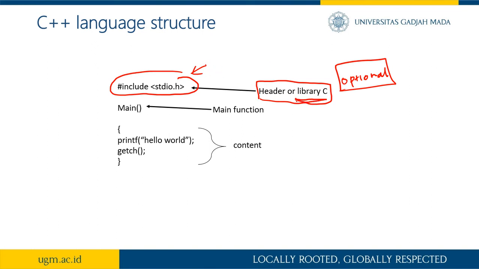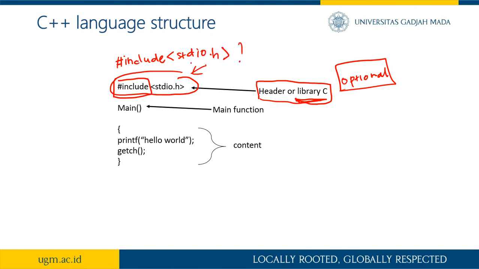A library is a function. What is that? Yes, just a function. It's like a help tool, like additional features that you can import into your program. So you can import the library by using #include, and then stdio.h.